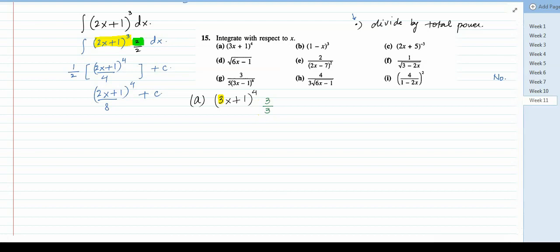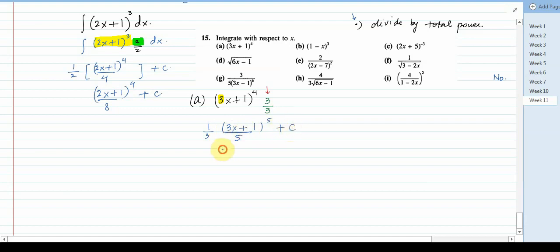The derivative of the function is now present here, right? That means it is ready to integrate. The denominator part will be as it is. The integral of this function is (3x plus 1) whole power 5, divided by the total power 5, and plus c as it is.